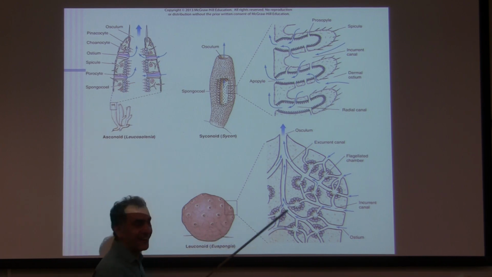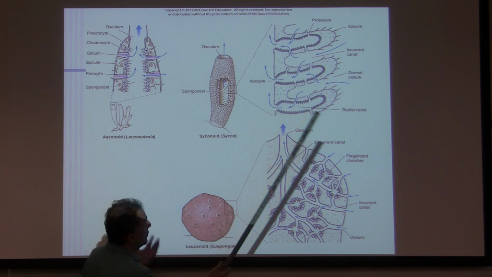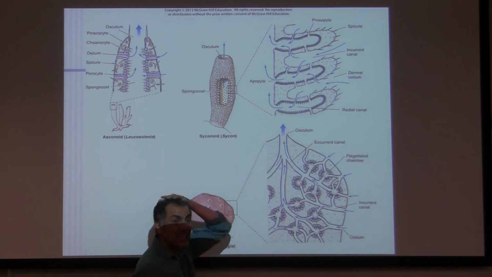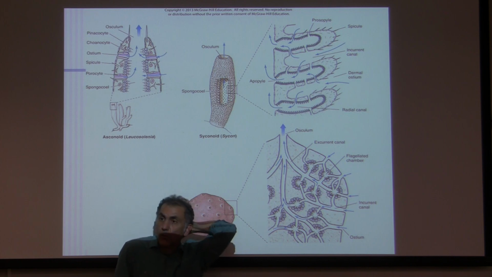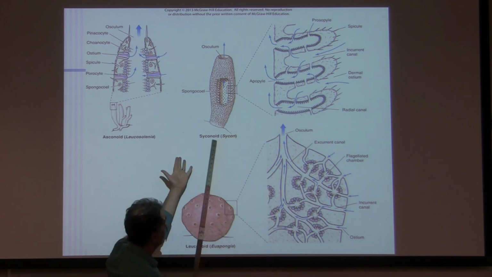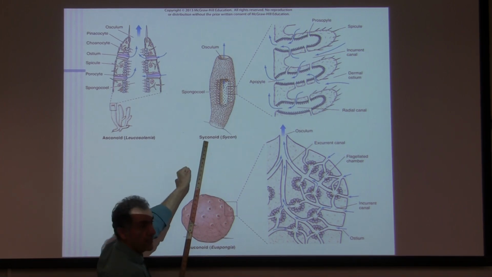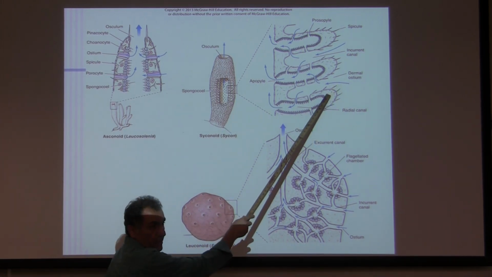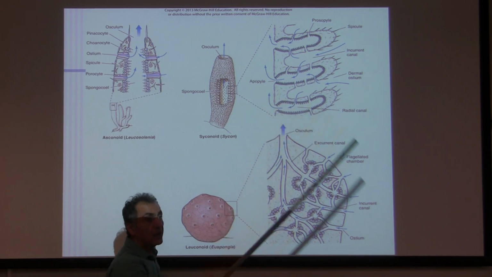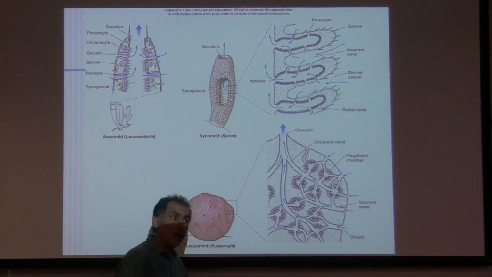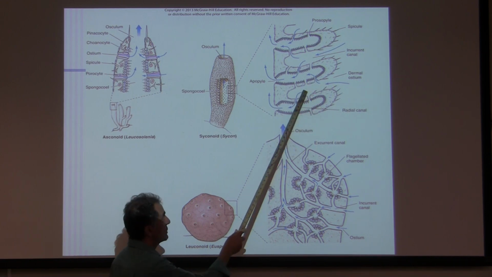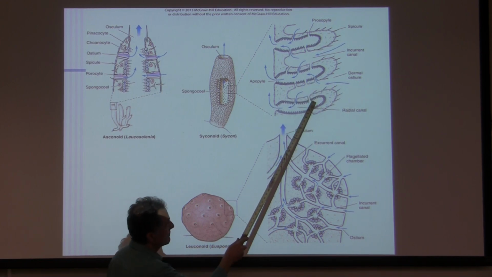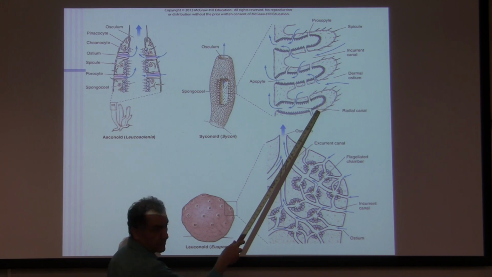So that's what I ask you guys: what is the movement of water in sponges? Hopefully, in a syconoid type canal. I just said it. Right here is the movement of water. And then how does filter feeding occur? Then you should explain movement of water, and then food is absorbed through the choanocytes.